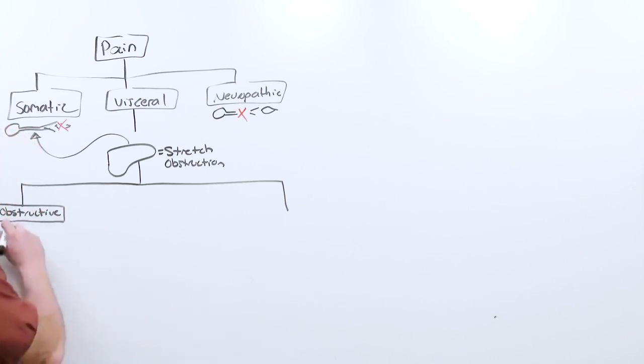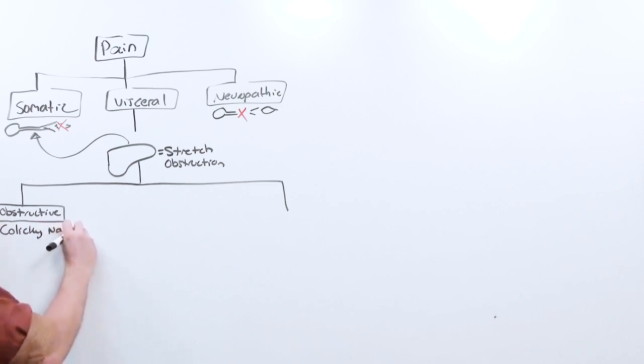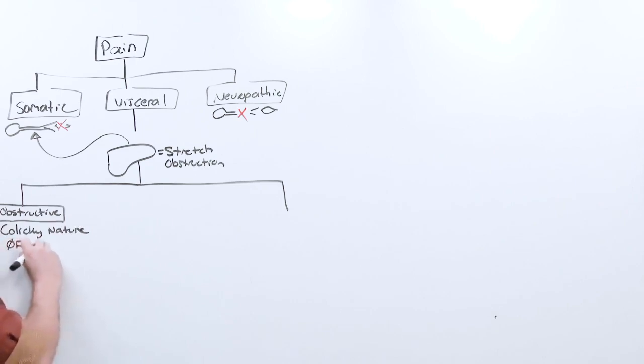Pain goes away. Obstructive abdominal pain is going to be colicky in nature. And because it's only an obstruction, there's going to be no fever and no leukocytosis. It'll be non-toxic.